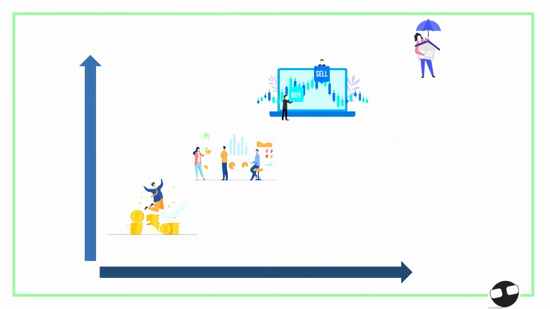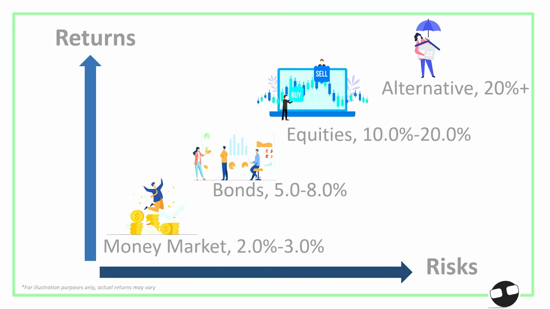And if you put the 4 in one risk-return trade-off chart, you will have this: money market, low risk, low return, that will give you a range of 2-3% per year. Now bonds, medium risk and medium returns, so that will give you around 5-8% per year.